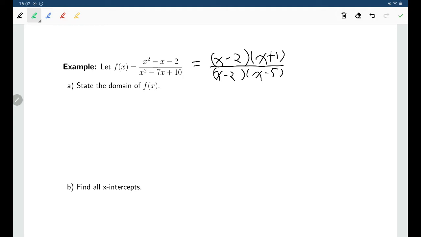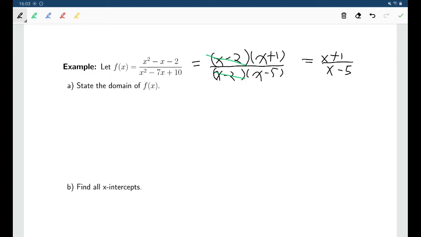And that means that f of x actually could be simplified as x plus 1 over x minus 5. So that means when we're thinking about finding x-intercepts and y-intercept, we can actually deal with the simplified version of f of x rather than the original version of it.